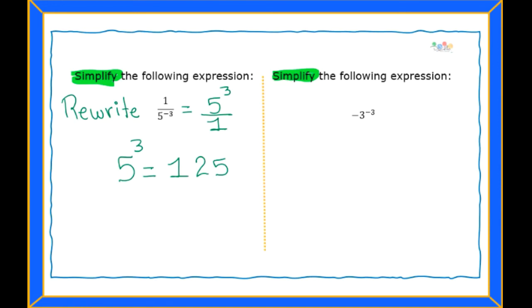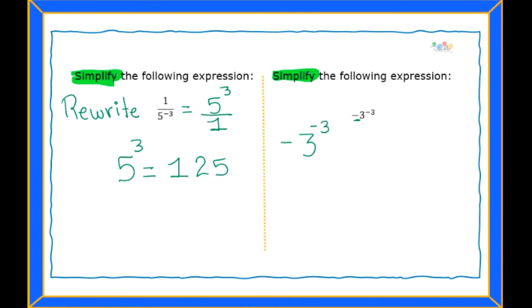Now be careful with this one, because you have to remember that the negative at the front is not inside parentheses. If it was inside parentheses, then it would go with the 3, but it's not. So this negative does not belong to this 3, but the negative 3rd power does.